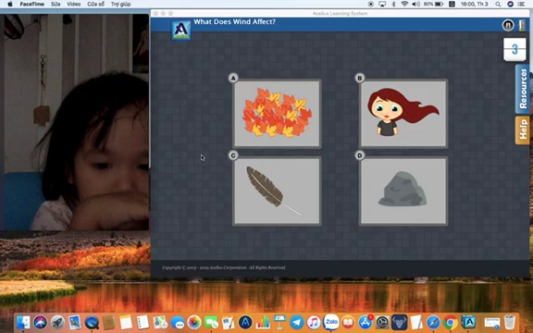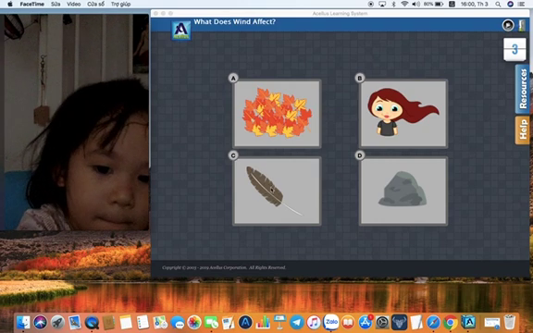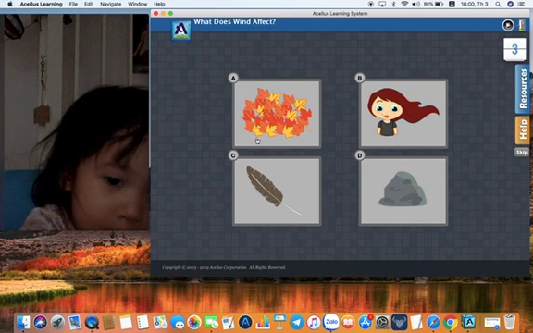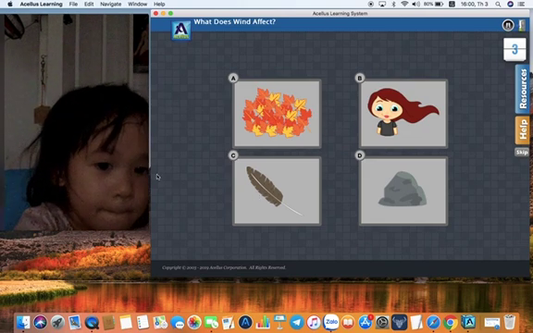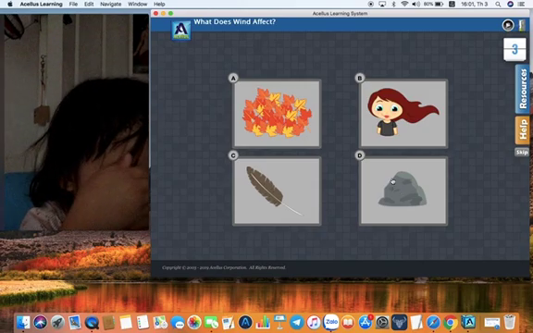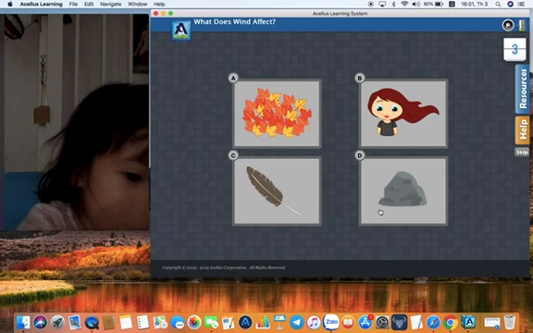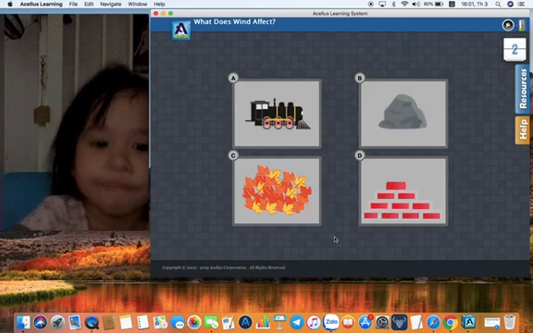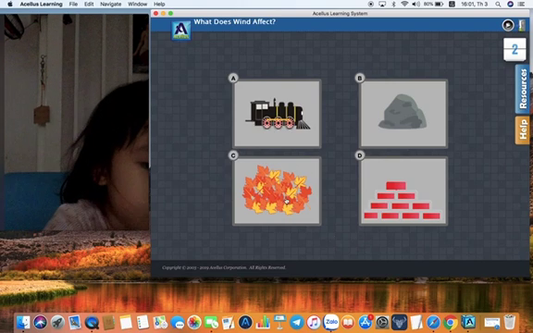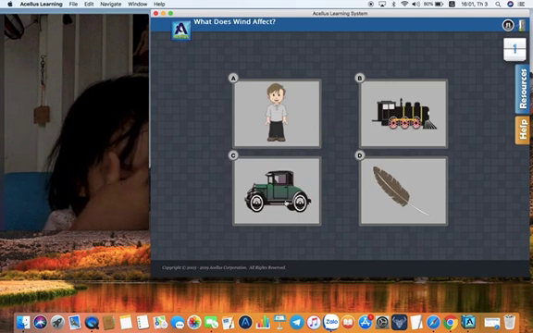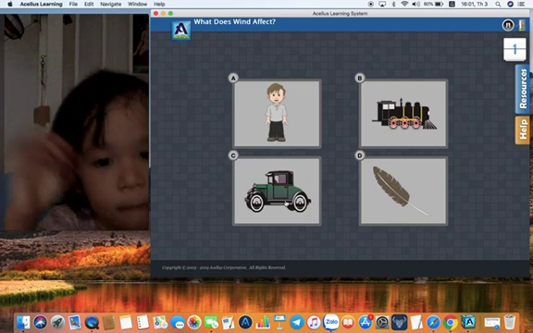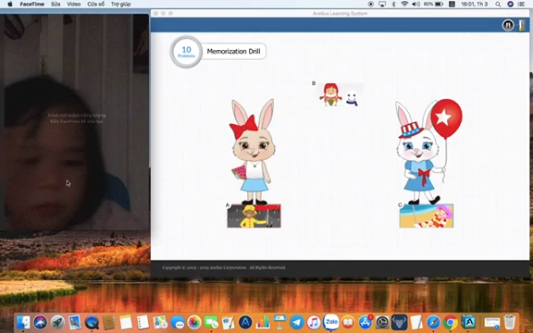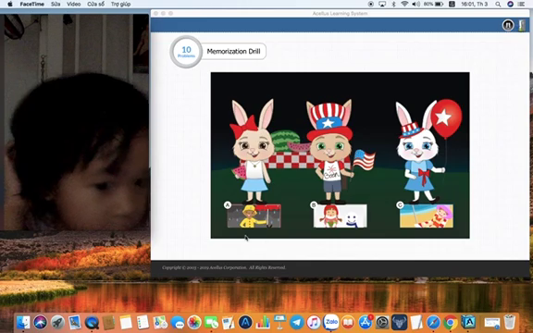What usually wouldn't move in the wind? Oh yeah, maybe. Yeah, what sure. usually wouldn't move in the wind? Want to move. What usually wouldn't move Want in the to wind? move. No, the rock want to move. Yeah. What could be moved by the wind? What can be moved by the wind? The leaf. Yeah, the leaf. Right. What could be moved by the wind? What can be moved by the wind? Yeah, the what? What activity could you do on a sunny day? Sunny day.